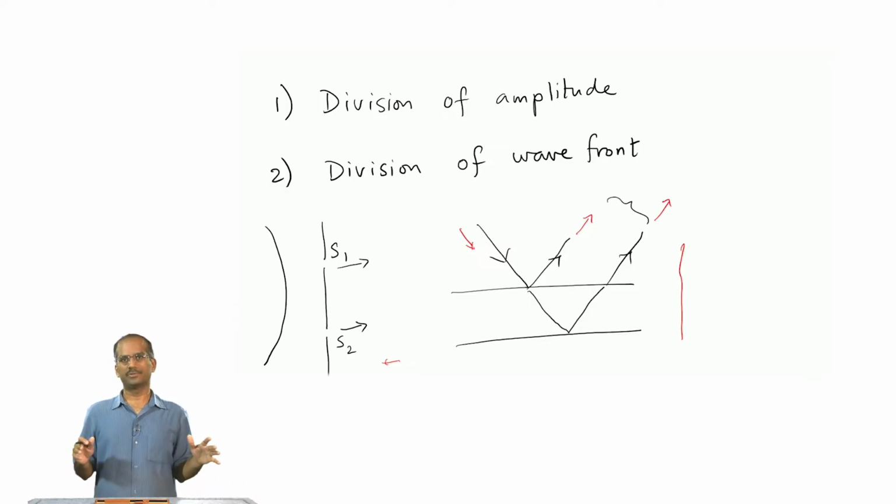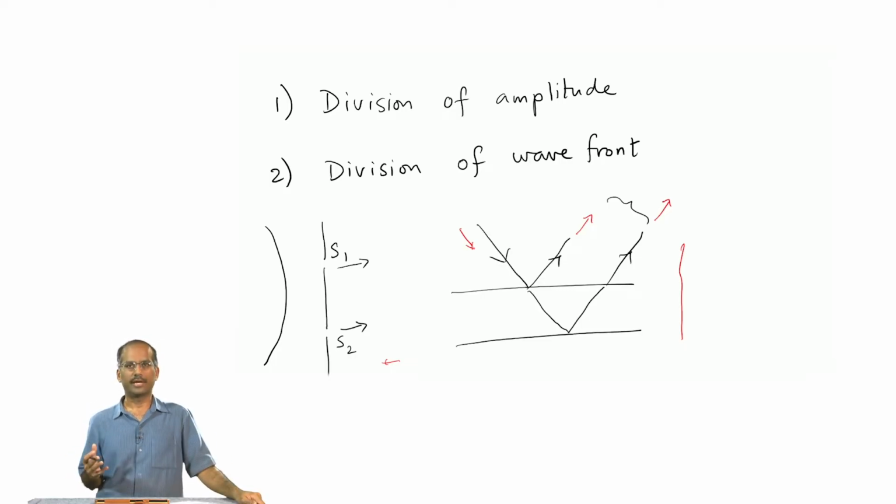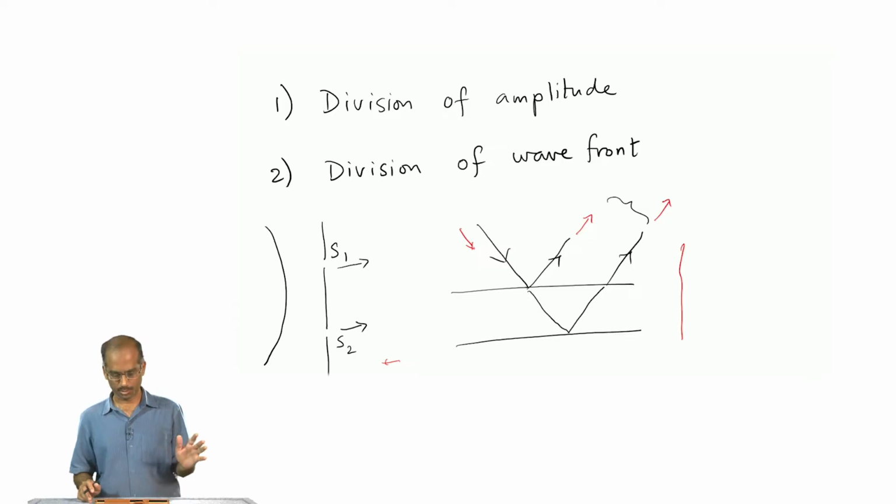So we have two beams of the same frequency. We have assumed that they have the same frequencies, so these two can interfere and produce an interference pattern. This is division of amplitude. On the other hand, division of wavefront is something that we are yet to see, but it should work like this. You have one wavefront, like in the figure shown on the left side.